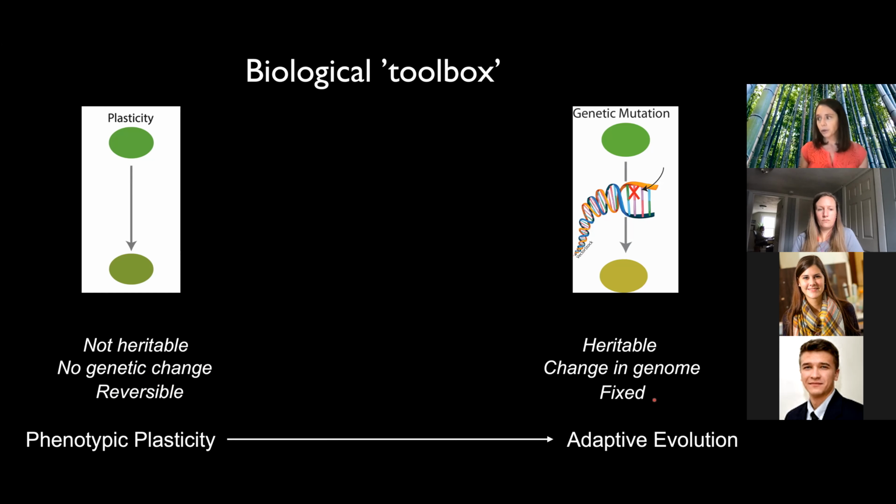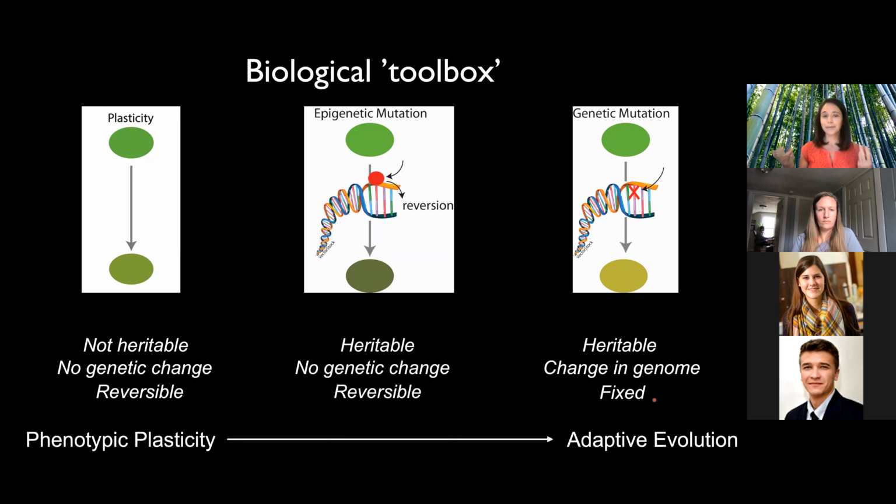But there's a third kind of what I think about as a tool that organisms have that's intermediate. And that is a trait change that's due to a non-genetic modification, such as an epigenetic mutation. It's heritable, so that differentiates it from the phenotypic plasticity, but it is also reversible, which differentiates it from the genetic.